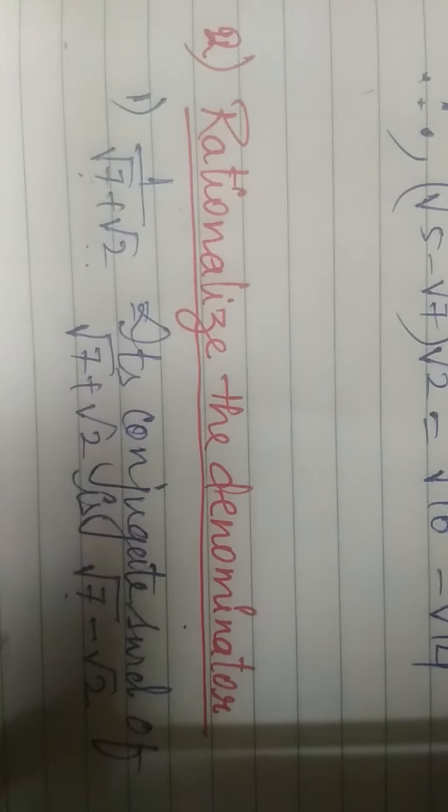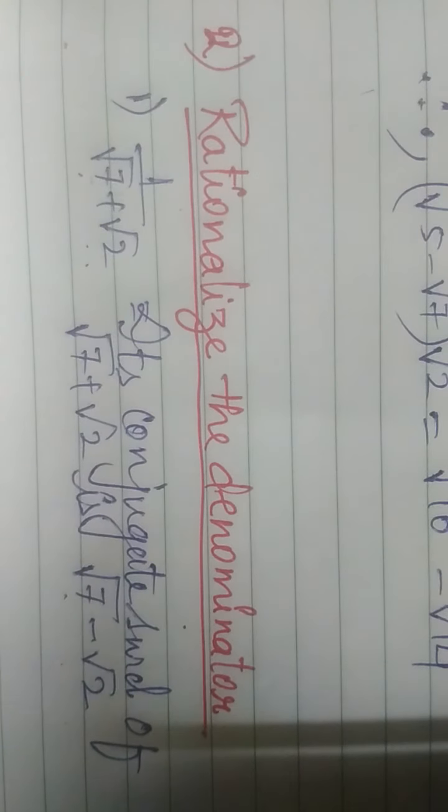Is it clear? So here we will start. Therefore, 1 upon root 7 plus root 2 equals 1 multiplied by root 7 minus root 2 upon root 7 plus root 2 multiplied by root 7 minus root 2.